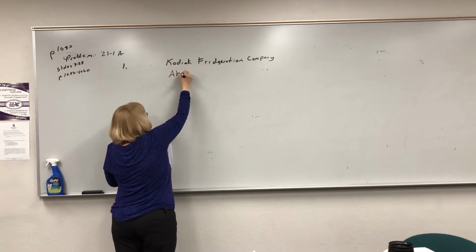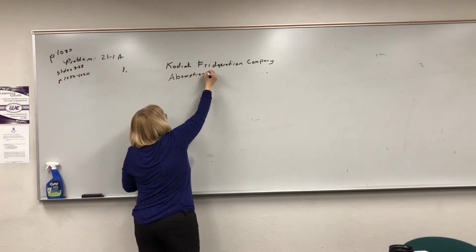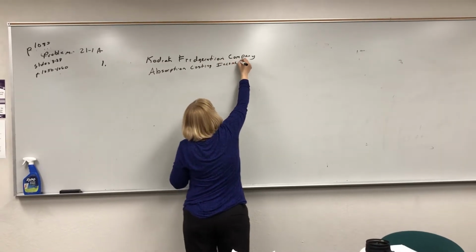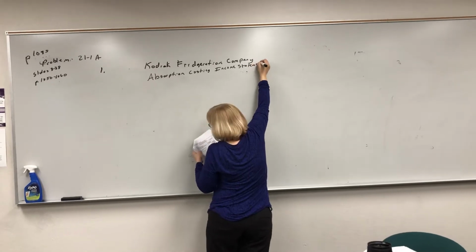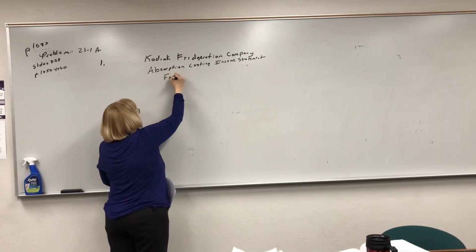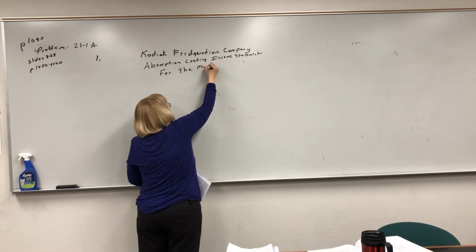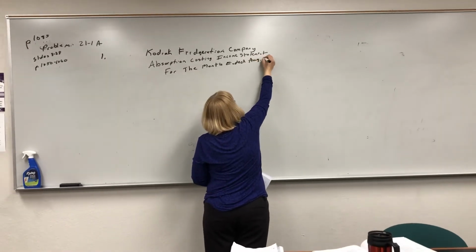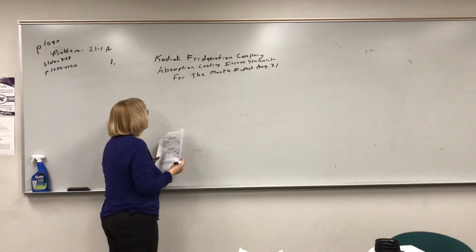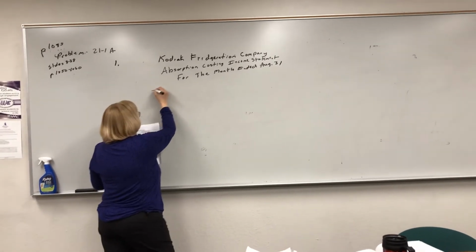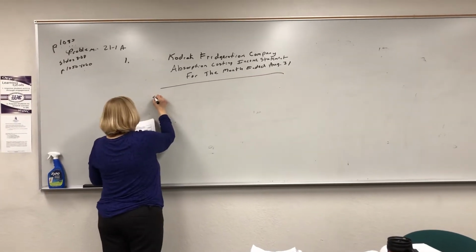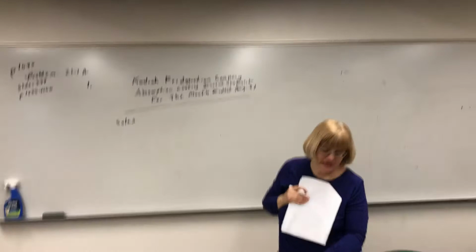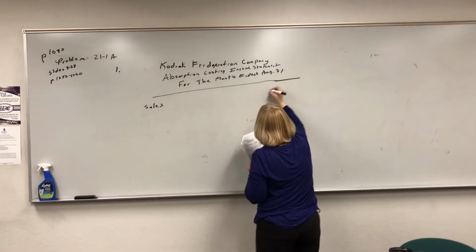I'm going to label it absorption costing income statement, for the month ended August 31st. It doesn't give us any kind of year, so we're not going to worry about that. We start out, of course, with sales, which it tells us were $10,800,000.